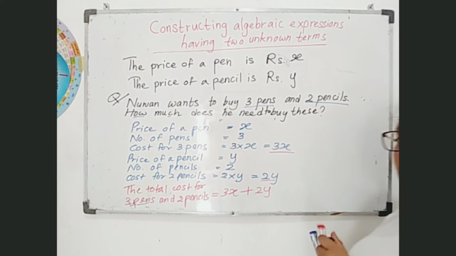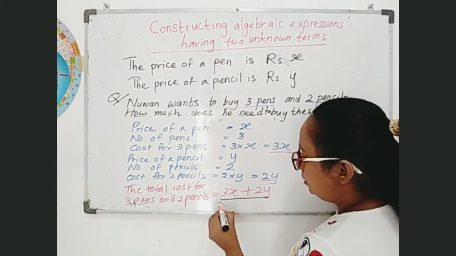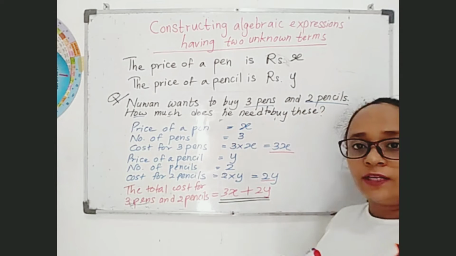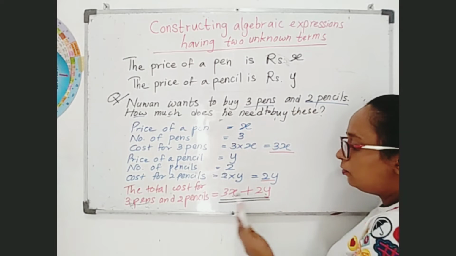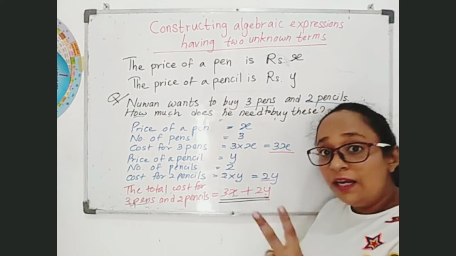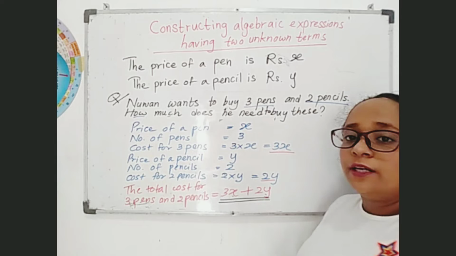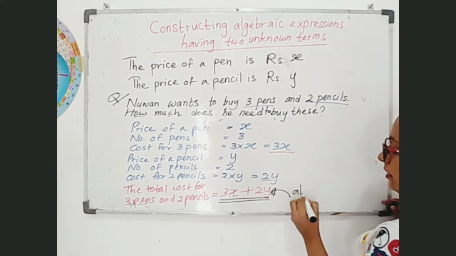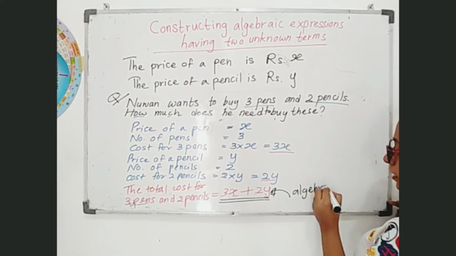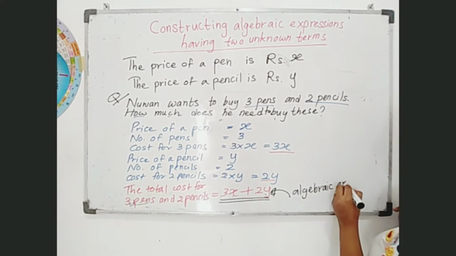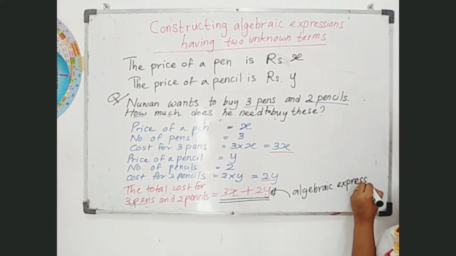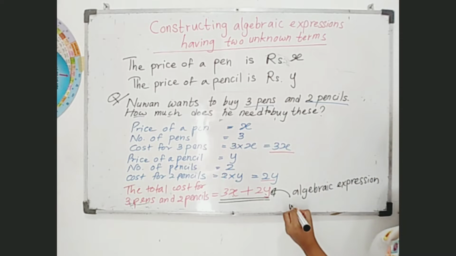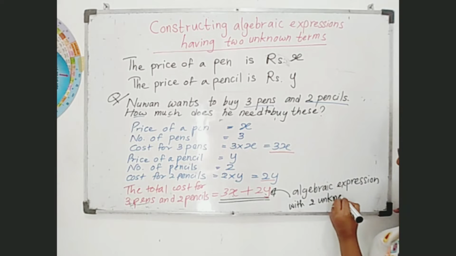Here we have an algebraic expression. Here we have created an algebraic expression with 2 unknown terms. So අපි දන්නේ නැති දෙන්නෙක් එක්ක algebraic expression එකක් create කරලා තියෙනවා. So this is an algebraic expression with 2 unknown terms.